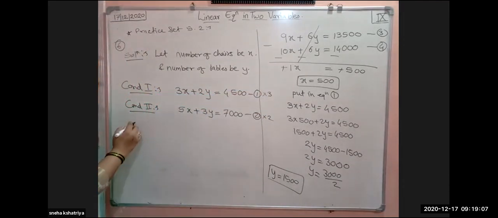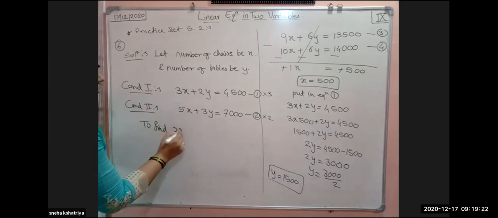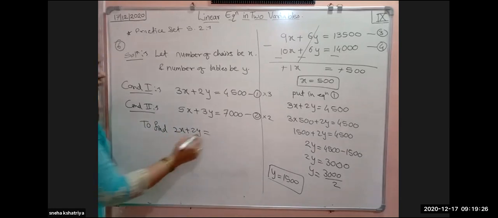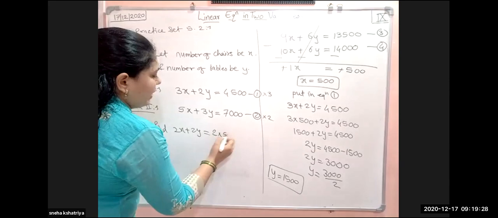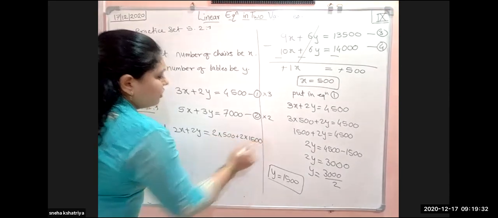So here you have to find out the price of 2 tables and 2 chairs. Okay, 2 tables and 2 chairs means what we have to find out? 2x and 2y. To find, write down here: to find 2x plus 2y. Okay, so multiply here. 2 into 500 plus 2 into 1500.